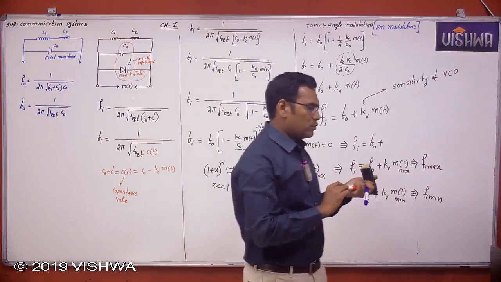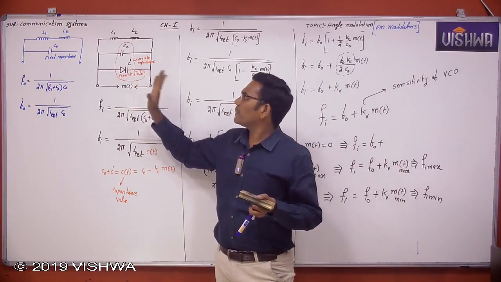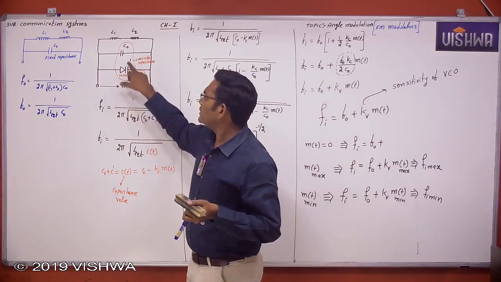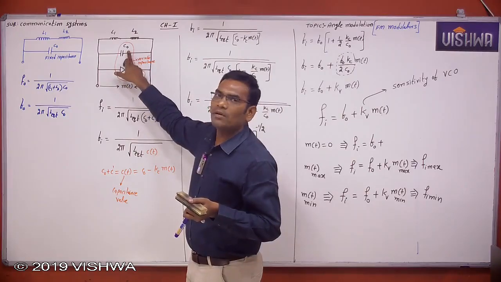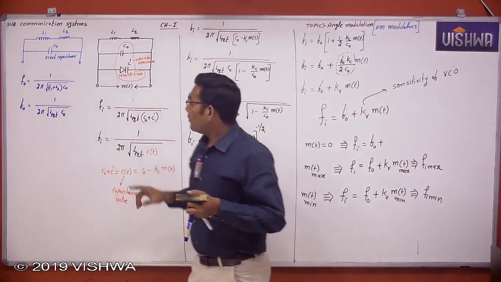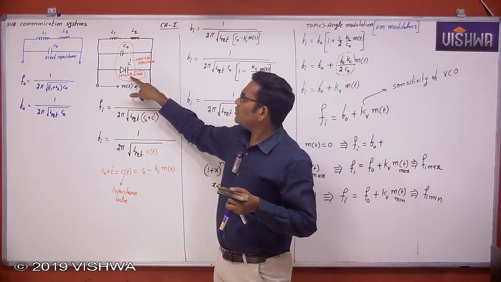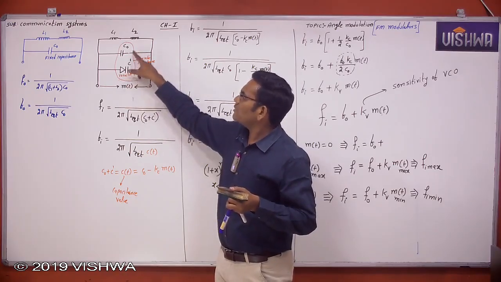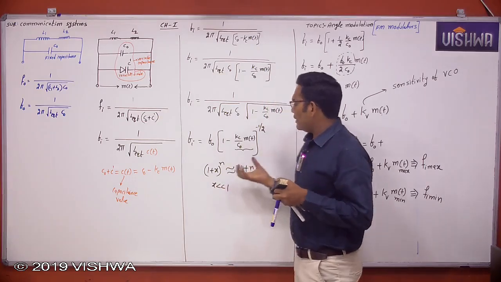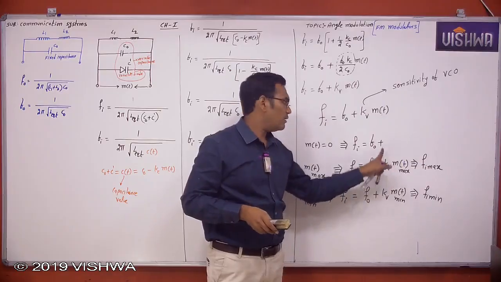When the controlling voltage is 0, the varactor diode is in an inactive state. Because of this fixed capacitance C0, there is one fixed frequency F0. But when the controlling voltage is present, the varactor diode is active, and the variable capacitance will give different frequencies.